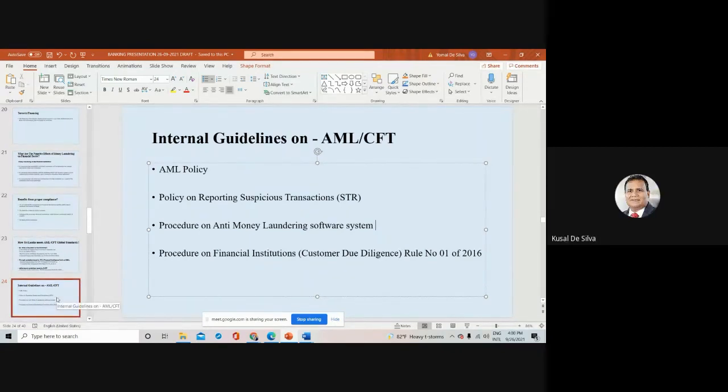And suspicious transactions are the transactions when the bank feels suspicious. I don't know whether you are aware of this. A lot of banking channels have been used to do scams on innocent customers.